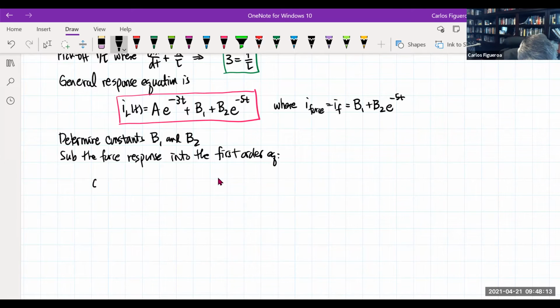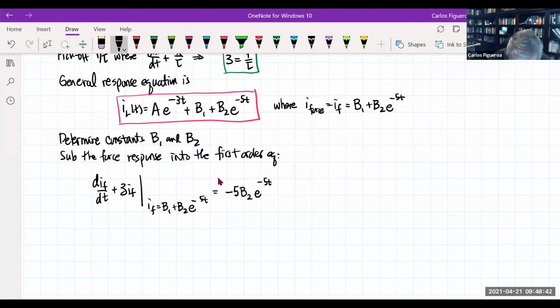I have dIF dt plus 3IF, where IF is then going to be B1 plus B2 e to the minus 5t. Let's substitute that. If I take the first derivative of this, note that B1 disappears, but then I'm going to get a term that reads minus 5B2 e to the minus 5t.